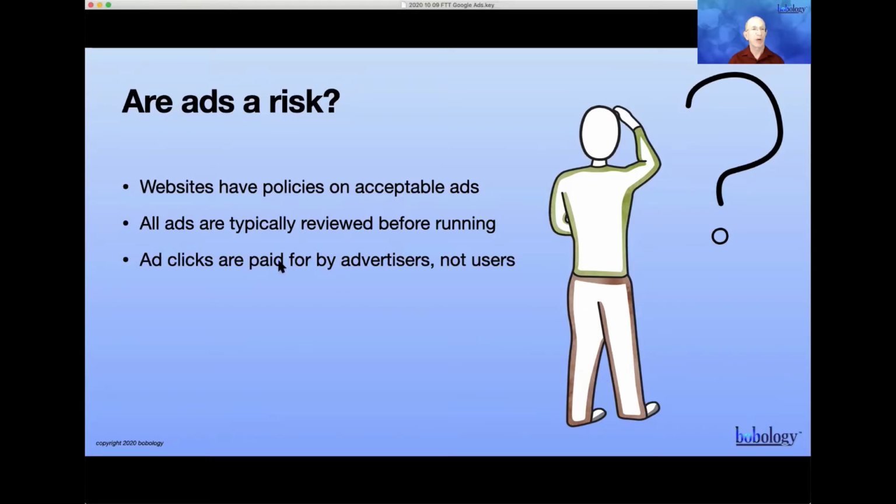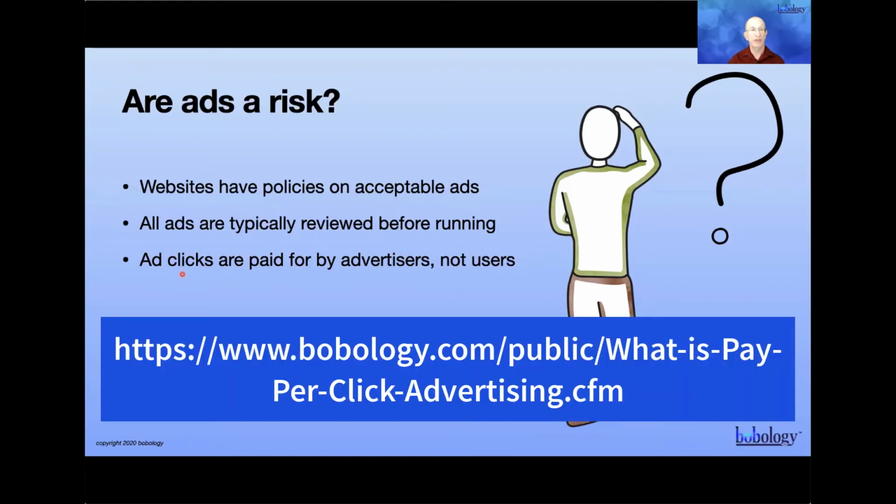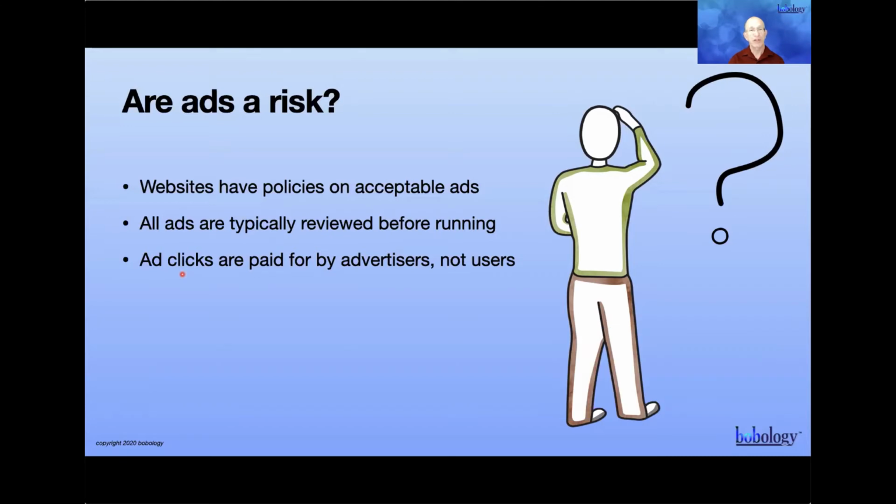So that review process takes place, and there's no cost to the user of a website for clicking on an ad. Typically, you hear about this thing called pay-per-click advertising, and that was the article that I linked to for people in the newsletter. There's no cost to click on an ad. The advertiser pays for the click.